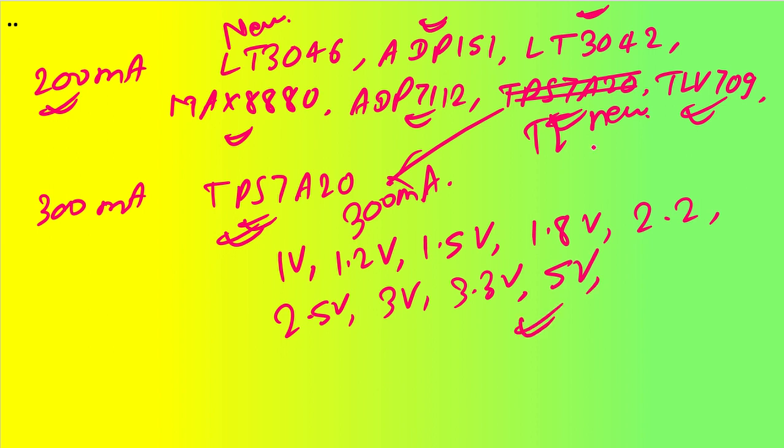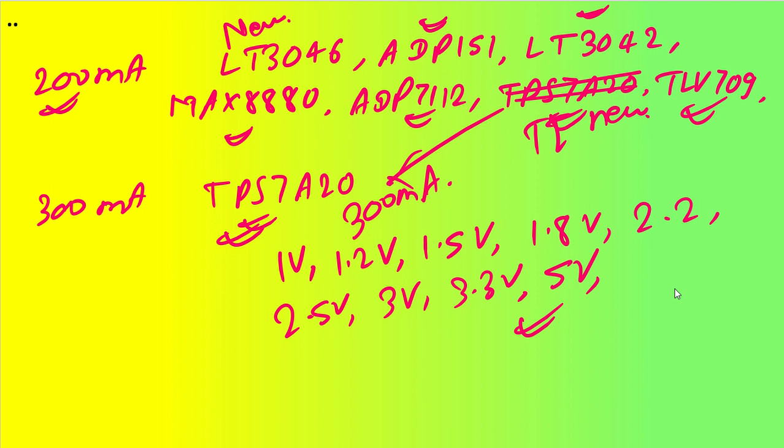All these are very standard voltages that are generally used in your application circuits, for any high end or low end applications, smart applications, industrial applications, commercial applications. So this particular linear regulator is available in all the voltage range.